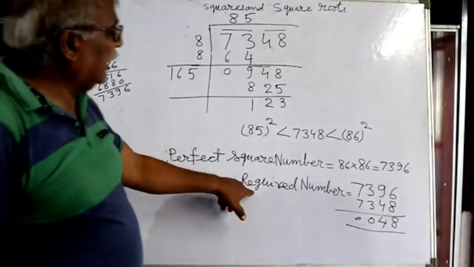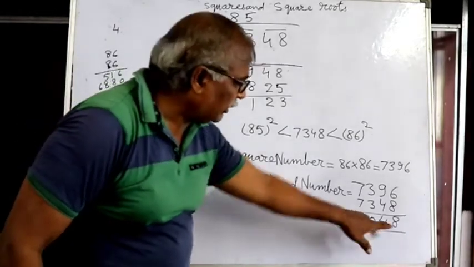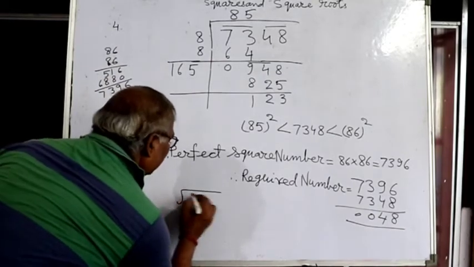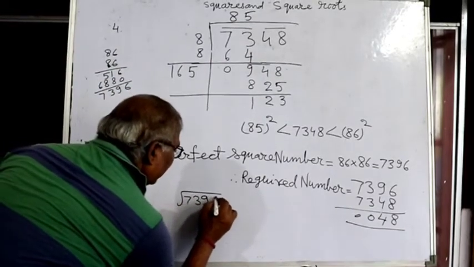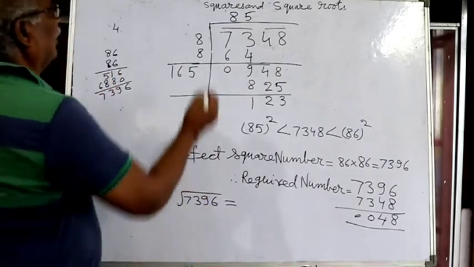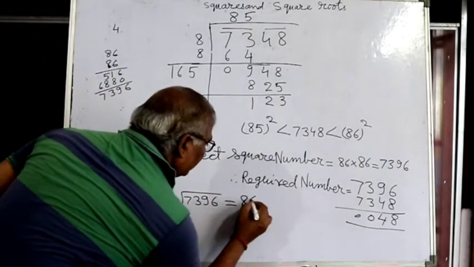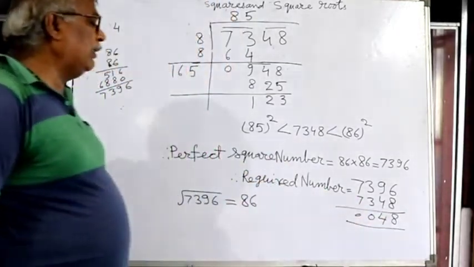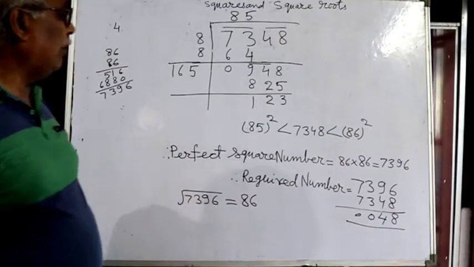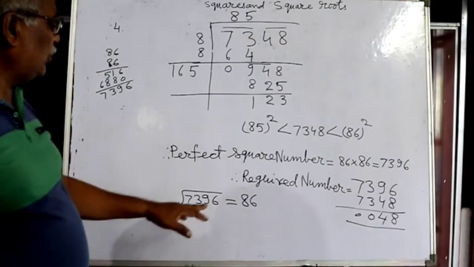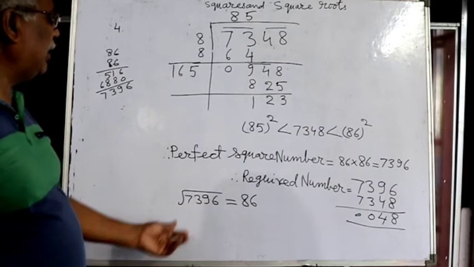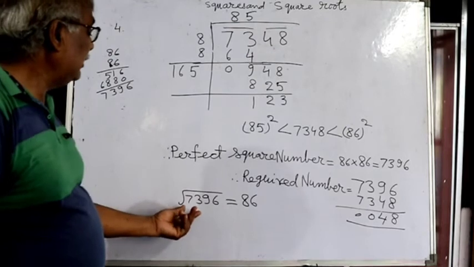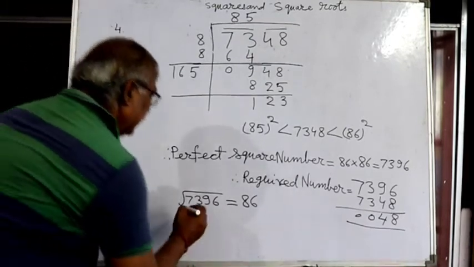The required number is 48 and the square root of 7396 is equal to 86. It is the answer. 48 is the required number and 86 is the square root of the perfect square number 7396.